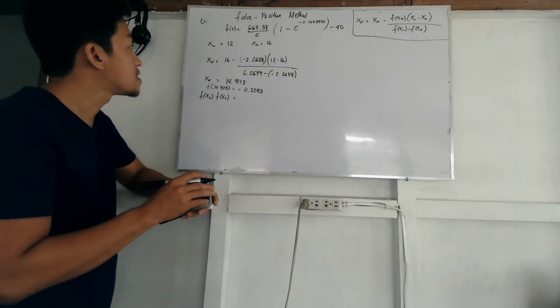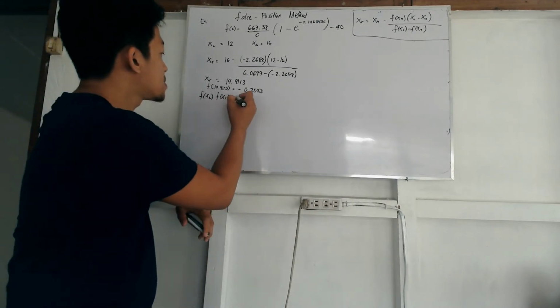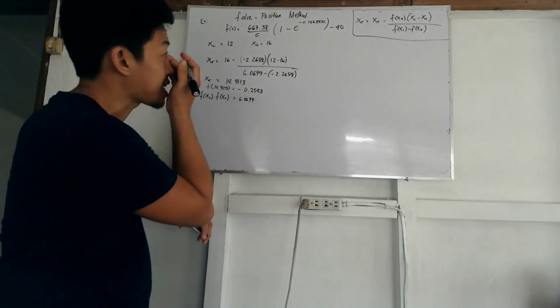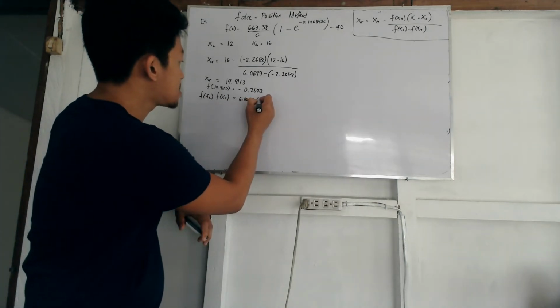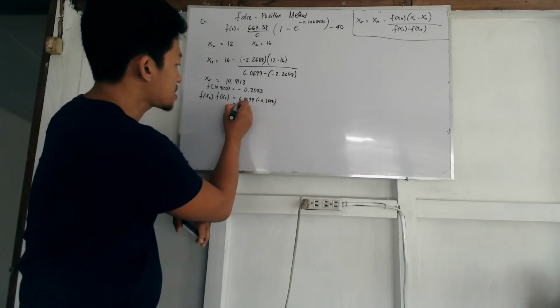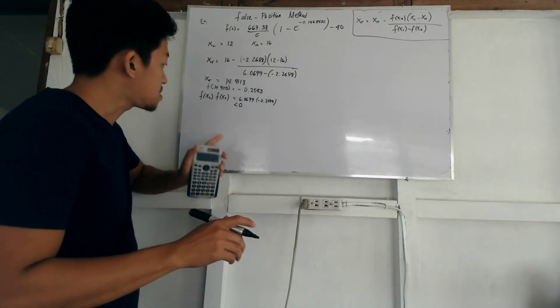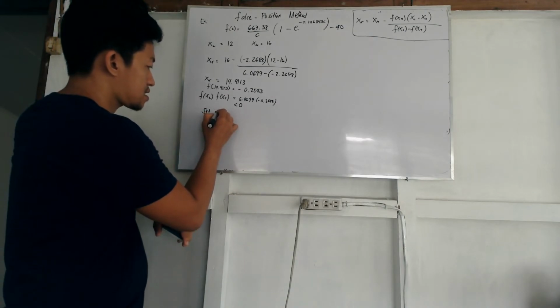Okay, so 6.0699 times negative, the answer is less than 0. Okay? So since less than 0, set XU equal to XR.